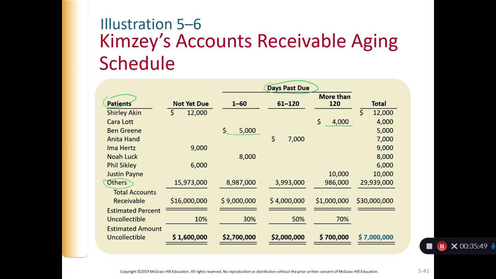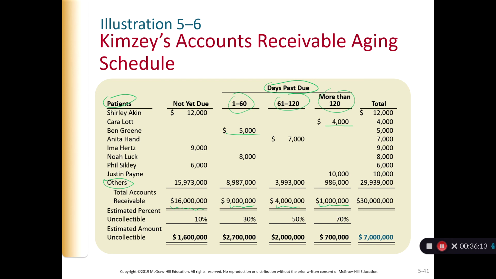Hence, if we add up the not yet due and the days past due categories of 1 to 60 days, 60 to 120 days, or more than 120 days column-wise, you get a different category of how old these accounts receivable are, right?